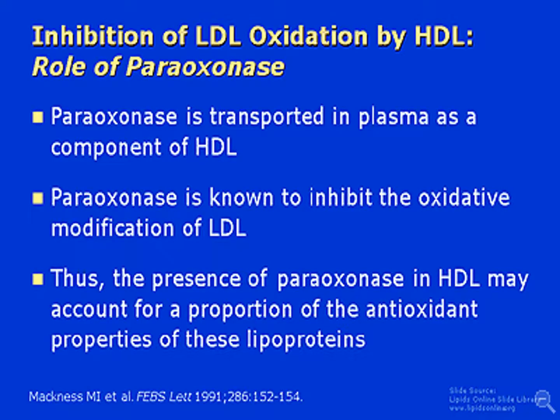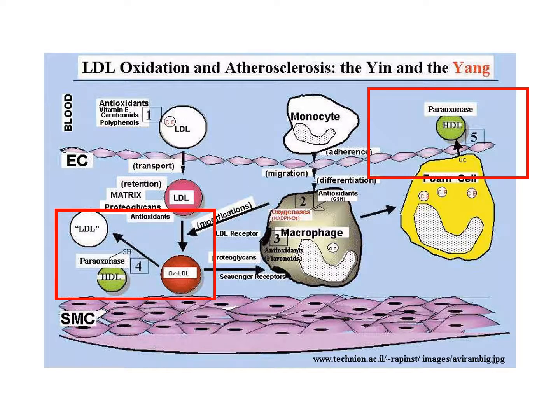Now the enzyme that's also going to help is peroxidase, and peroxidase is actually going to inhibit oxidation, but it's also going to be involved in removing the LDLs and the oxidized LDLs from plaque. If you look at this diagram, you notice on the left bottom there, I've got it blocked in red.